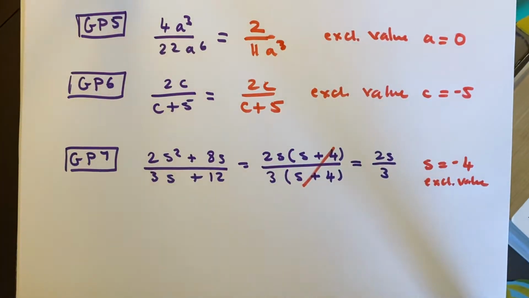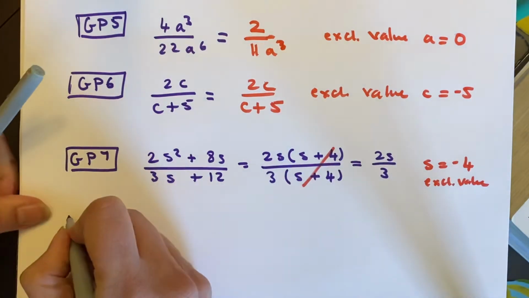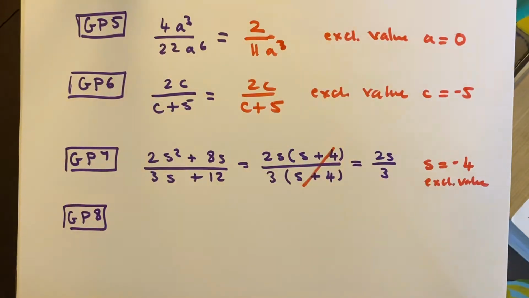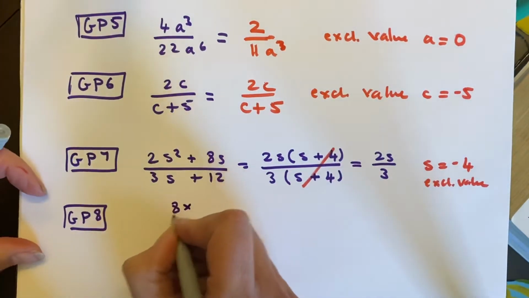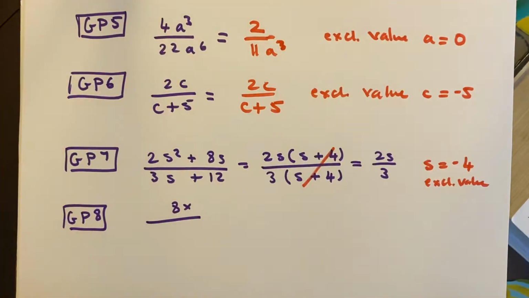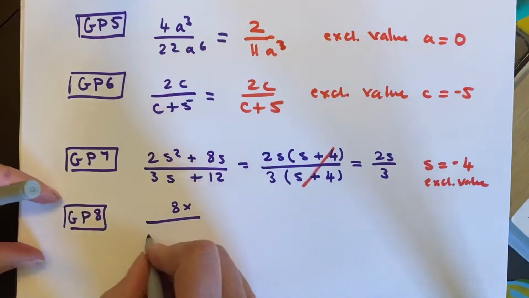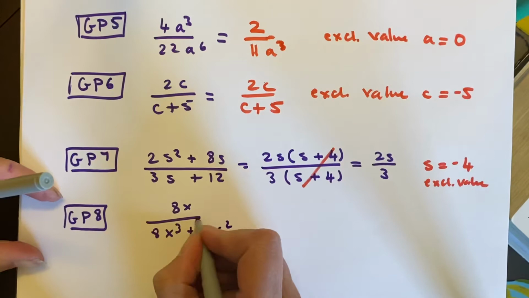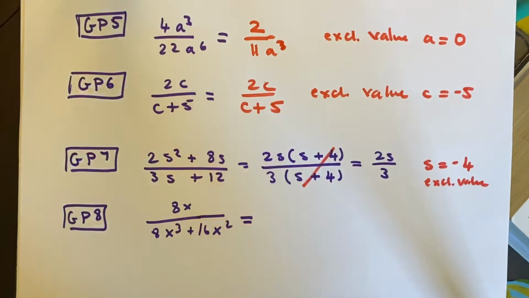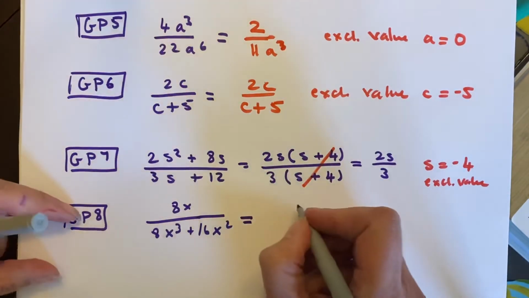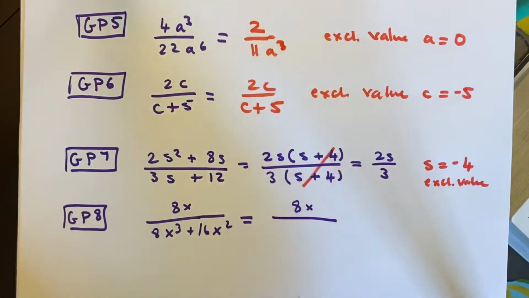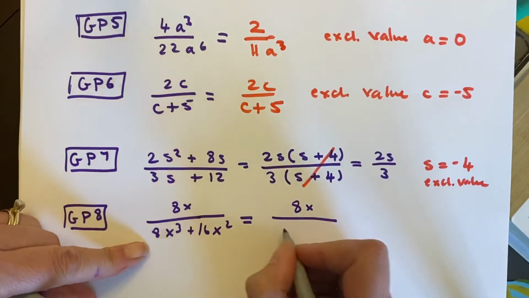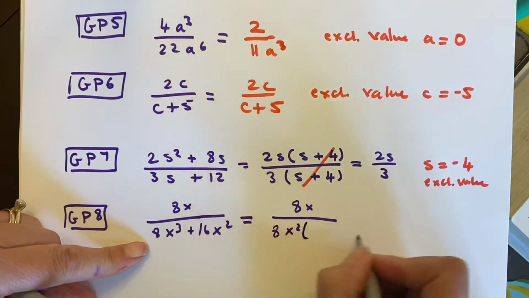Okay, last, guided practice number 8. I have 8x divided by 8x cubed plus 16x squared. I'm going to leave my numerator as is, and my denominator I'm going to factor out as much as I can, which turns out to be 8x squared.